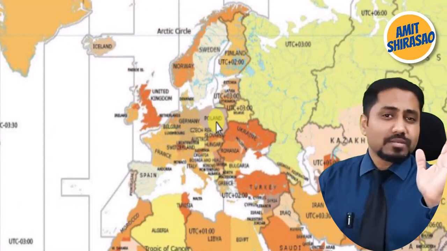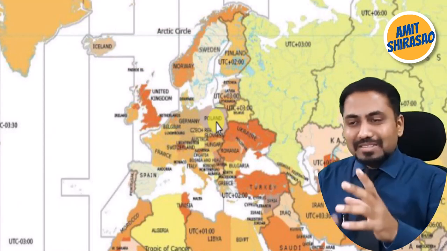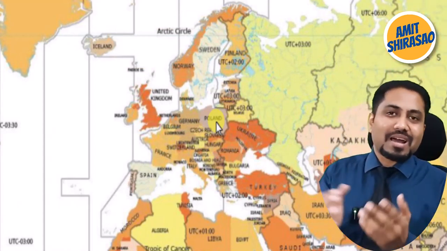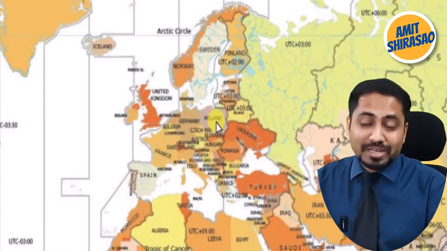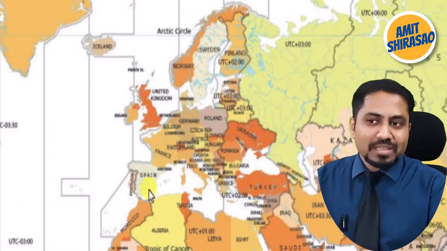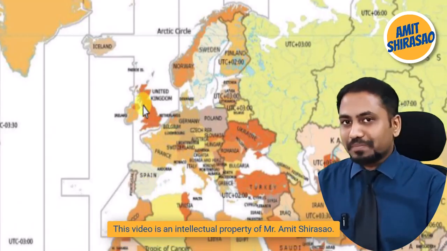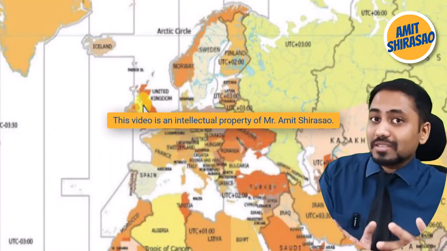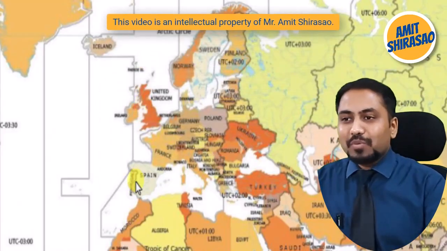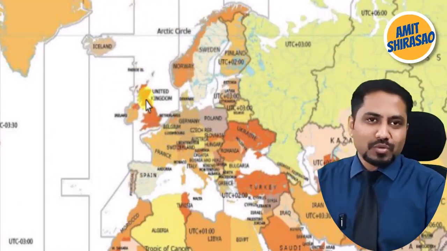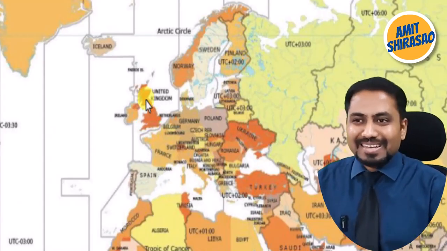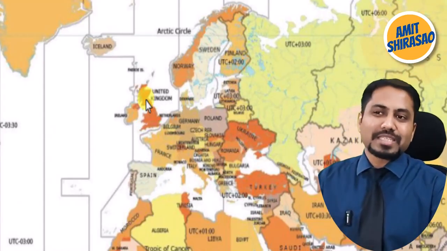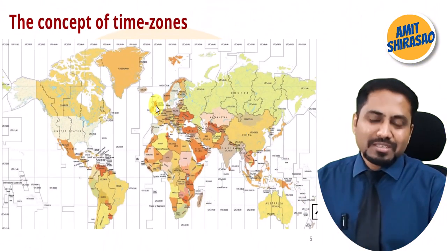This is all politics. The countries who are in favor of France will say, I'll follow your time zone, man. I'm your friend. That kind of thing. Spain, by the way, should be following the UK's time zone, but Spain follows France's time zone, and Poland probably follows the UK time zone. So it's all political. It is not at all scientific. That's what I really wanted to stress upon.